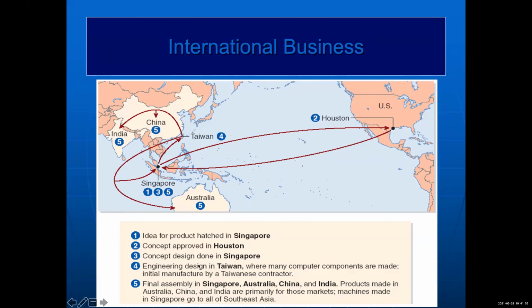Then the engineering is designed in Taiwan, where many computer components are made, initially manufactured by a Taiwanese contractor. And then the final assembly in Singapore, Australia, China, and India. So the products made in Australia, China, and India are primarily for those markets. Machines made in Singapore go to all of Southeast Asia.